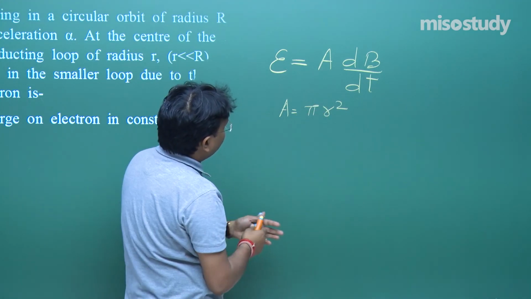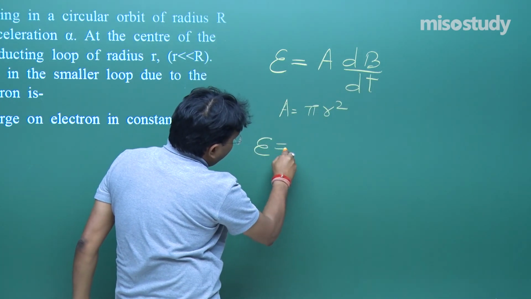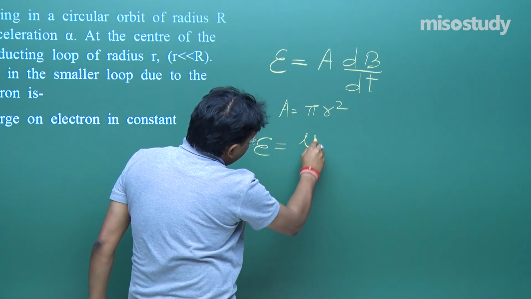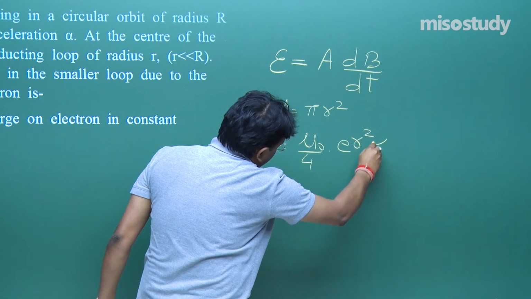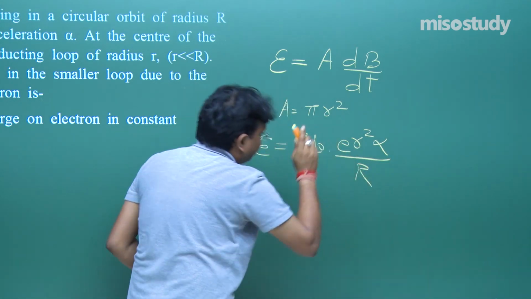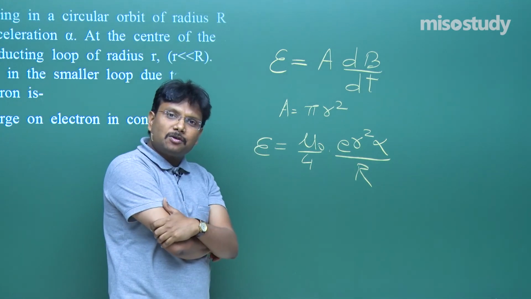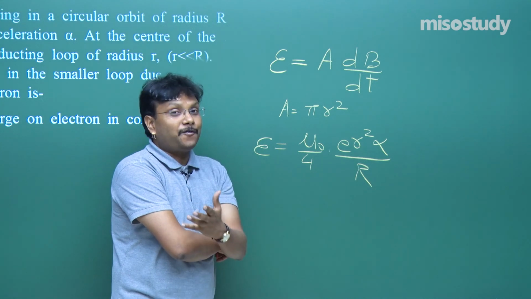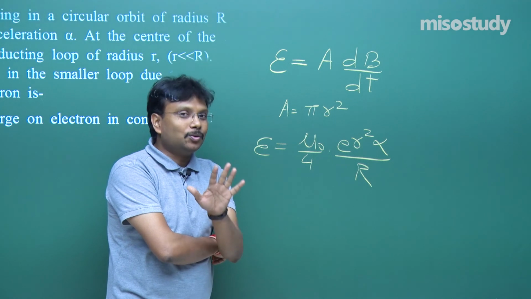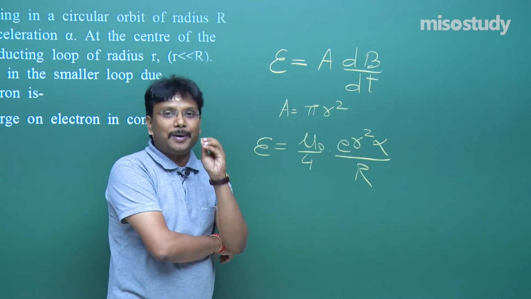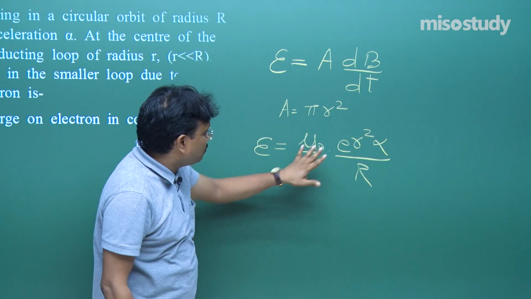So this B is something that is given as, directly I am writing the formula, that is mu naught upon 4 E r square alpha upon r. Now a few of you will start thinking, what exactly is the expression of B? If any one of you is thinking like this, my simple suggestion is, please go through the videos of this particular chapter once again, but here I am going to help you out.